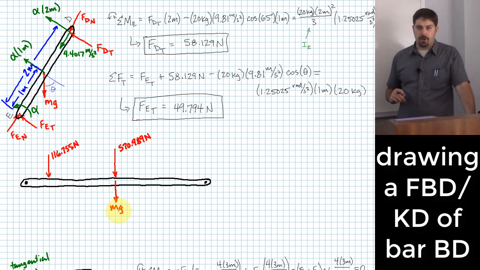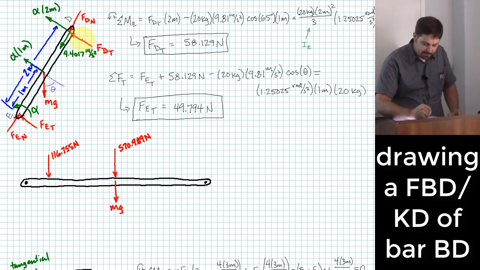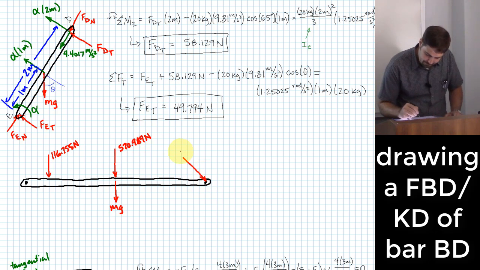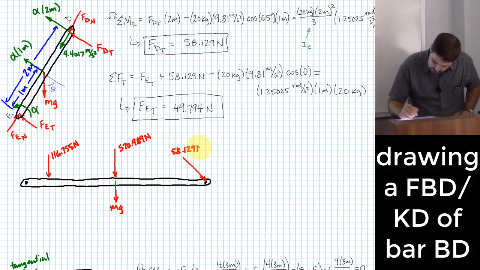What would Newton's third law say to us about what's going on at point D? For every action, there's an equal and opposite reaction. That tells me that where I have FD pointing up and to the left at point D right here, it means I better have FDT pointing downward and to the right here. And that's actually a force of 58.129 newtons.